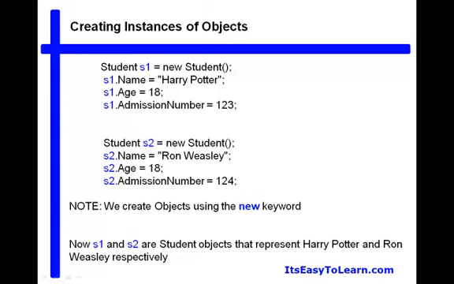Remember, name, age and admission number are attributes, and the way we are setting these values is using the properties we defined previously.